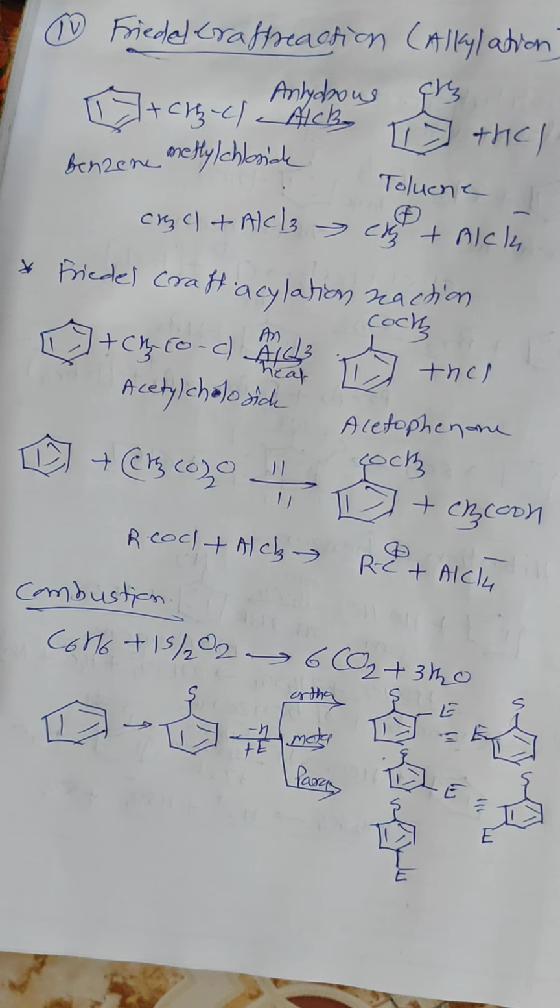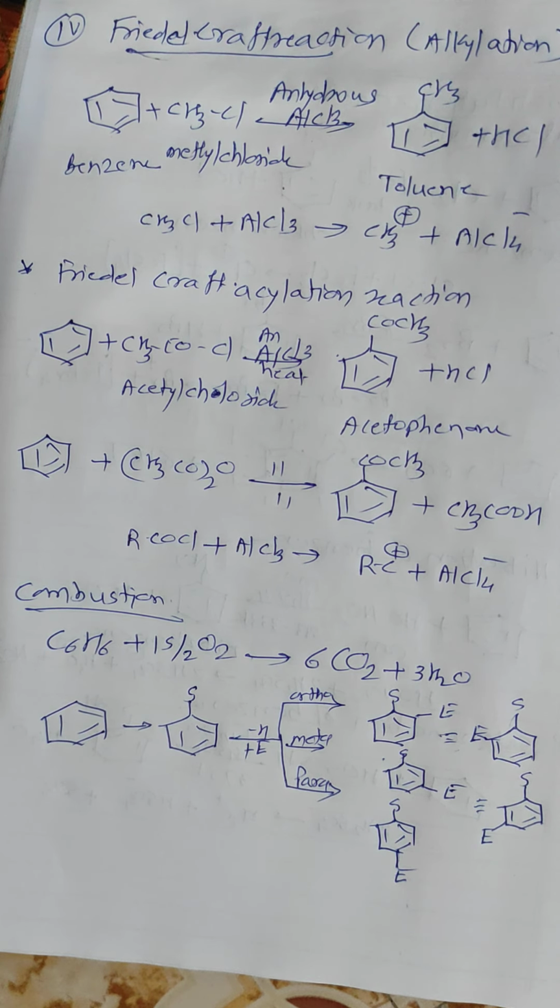This behavior mainly depends on the nature of the substituent already present in the benzene ring and not on the nature of the second substituent, that is the incoming E. Ortho-para directing substituents are groups like Cl, Br, OH, OCH3, NH2, NHR, CH3, C2H5, R, etc.